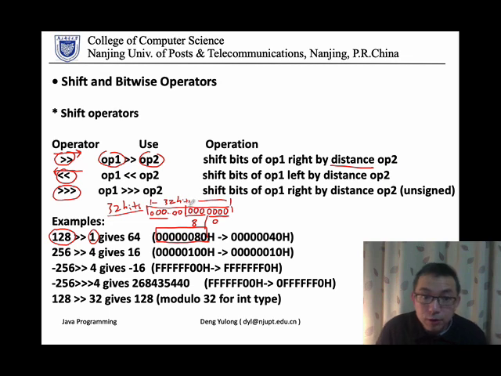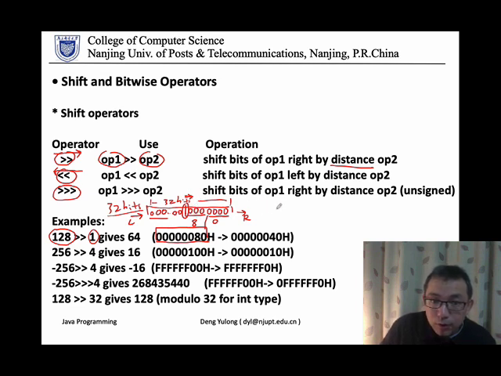We want to do the shifting, which means we shift the number from the left side to the right side. The distance is 1, so we only shift 1 bit. Here we have this 1, and we shift 1 bit, so the 1 moves from this position to the next position on the right.